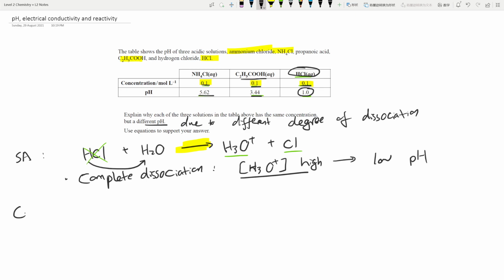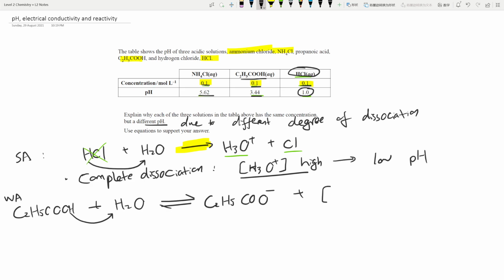Now if you look at C2H5COOH, this is a weak acid. It reacts with water and partially dissociates. Make sure when you do partial dissociation, to use the double arrow. You make C2H5COO- plus H3O+.